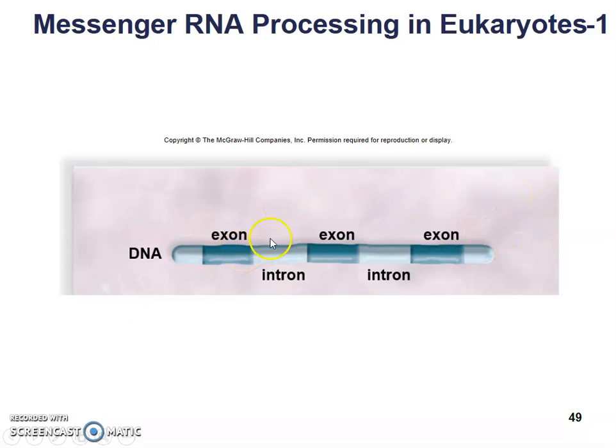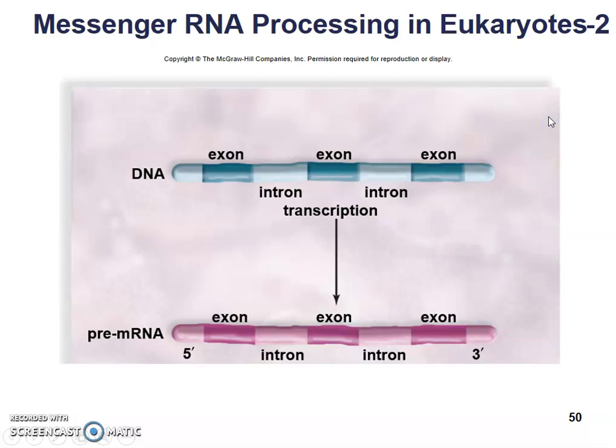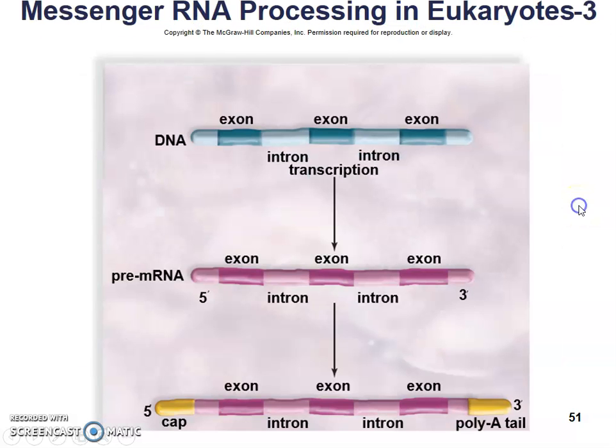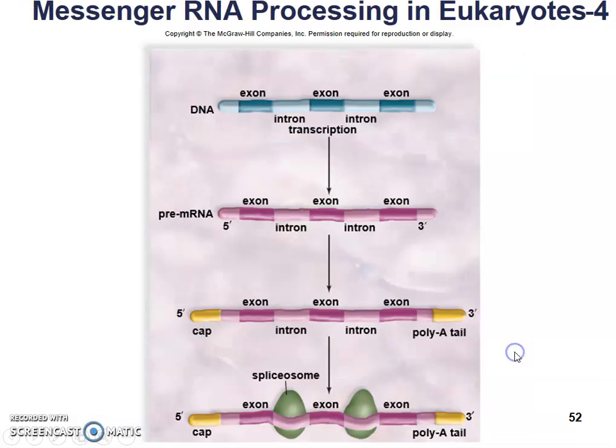The dark blue parts are the exons. The light blue parts are the introns. They are copied, transcribed, rewritten into pre-mRNA. The 5' cap and the poly A tail are added.